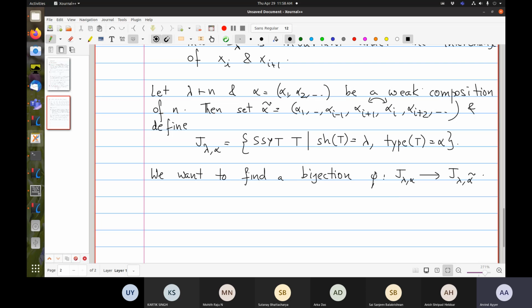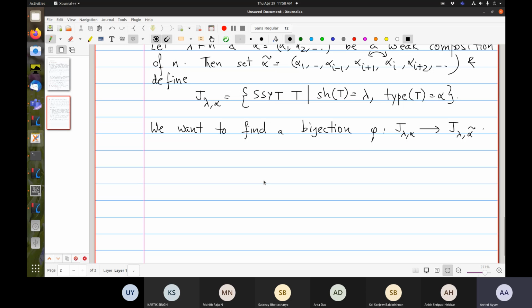If we do that, we are done, because the cardinality of this is just going to give you the coefficient of x to the alpha, and if these two have the same cardinality, we are done. We don't necessarily want to find a bijection; we want to show that J lambda alpha and J lambda alpha tilde have the same cardinality, but we'll do this by finding an explicit bijection. Okay, so let's do that.